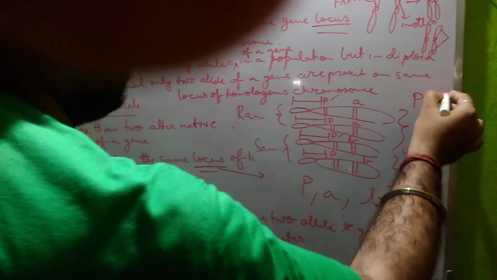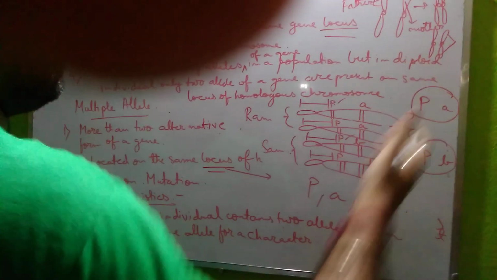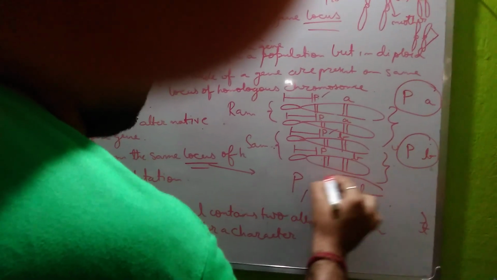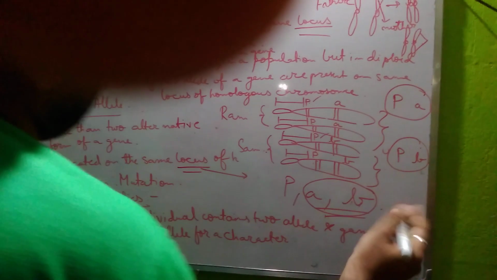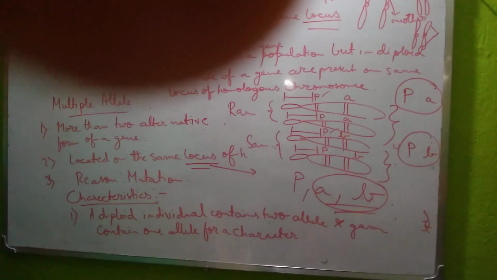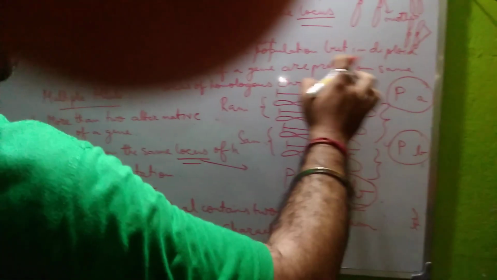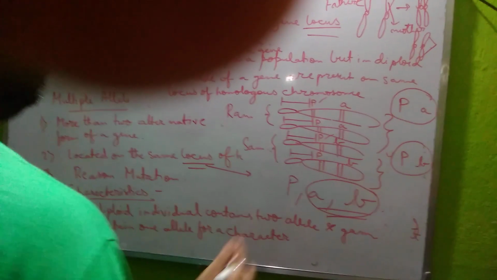P, A and B. So in a diploid organism, there will always be 2 alleles. It is not like the alleles will be the same. It may be different also. You can find in some other person of Durgapur the 2 alleles A and B are present, maybe B may not be present.